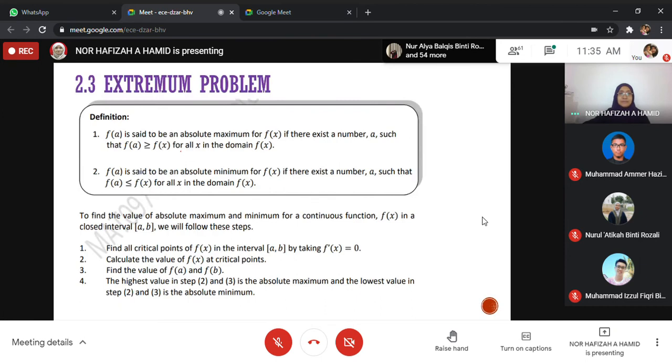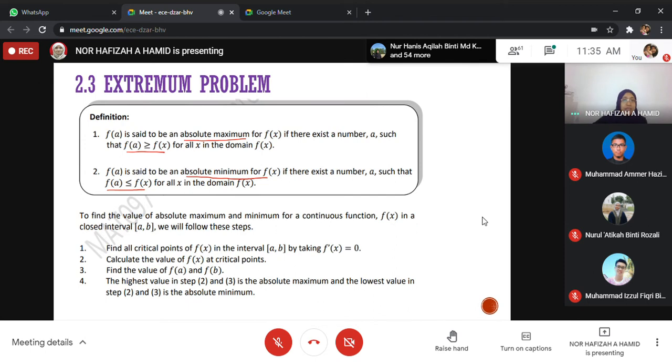Okay, so yang ini is the definition of the absolute maximum. And for absolute minimum is when f of A is less and equal to f of x for all x in the domain of f of x.